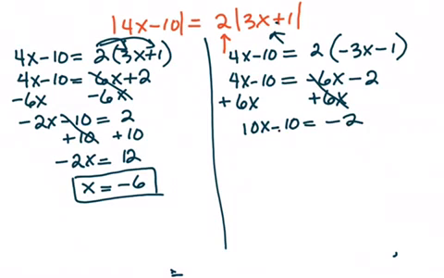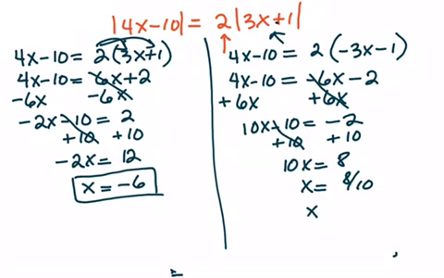Now I'm going to bring my negative 10 over, so I have to change the sign because I'm crossing the equals. Plus 10. 10 take away 2 is 8. And x is going to equal 8 divided by 10, which you could leave at 8 over 10, or you could say 0.8. So it's both of those answers.